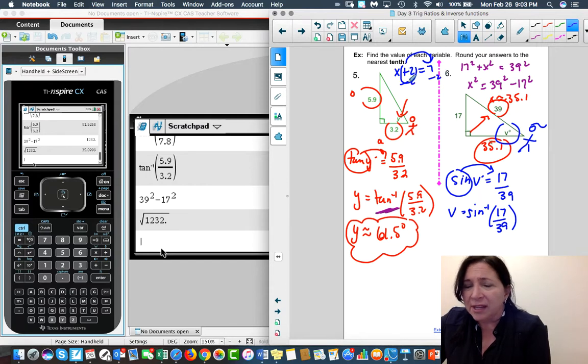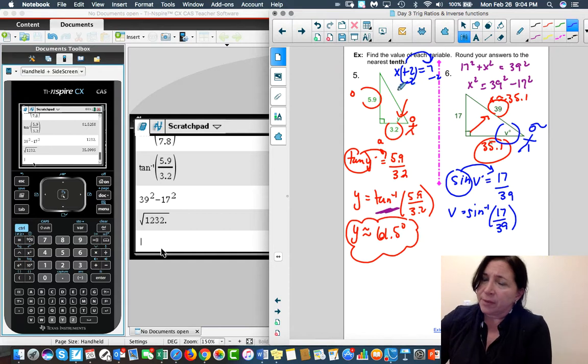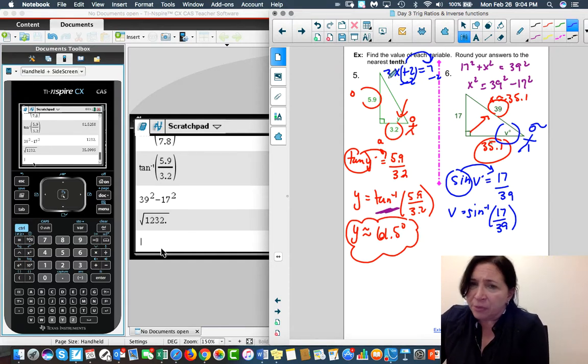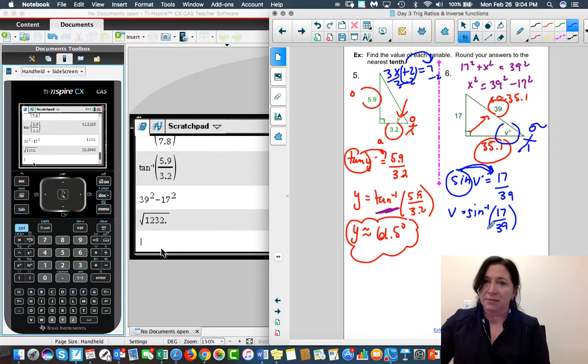Well, that's an inverse operation. Plus 2, the inverse operation is minus 2. Likewise, if there was a 3 in front of the x, and I wanted to solve for x, since it's 3 times x, I would divide by 3, which is an inverse operation. So technically, that's what I'm doing. I'm taking sine, moving it across the equal sign, and performing an inverse operation. Inverse sine, that's why they call it that.